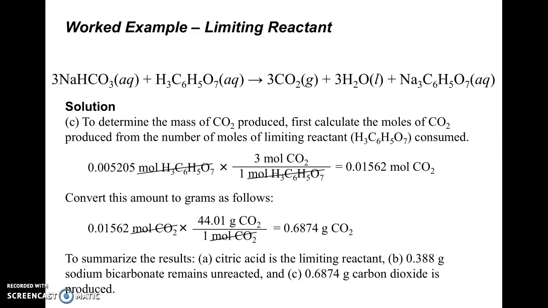All right, if you want to know how much CO2 is produced, you can take the moles of citric acid, which was 0.005205, use this ratio. There are 3 CO2s for every citric acid from that balanced reaction. So you see how many moles of CO2 you can produce, multiply that by the molar mass, and you see the mass of CO2 which is produced.